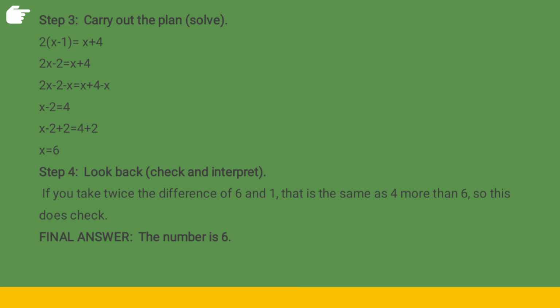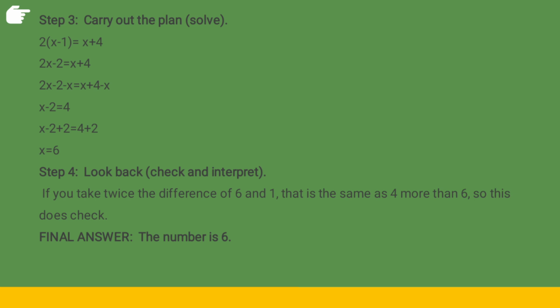The next step is, of course, to solve for the value of x. First option, we can add 2 to both sides of the equation in order to eliminate negative 2. That's why we have x minus 2 plus 2 is equal to 4 plus 2.